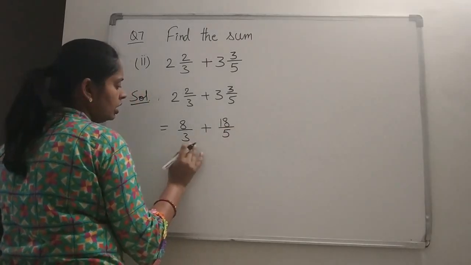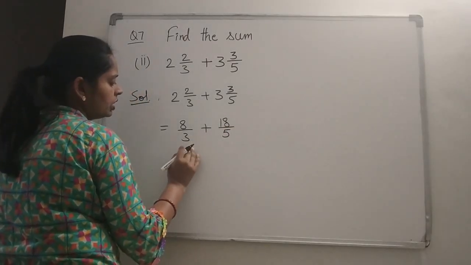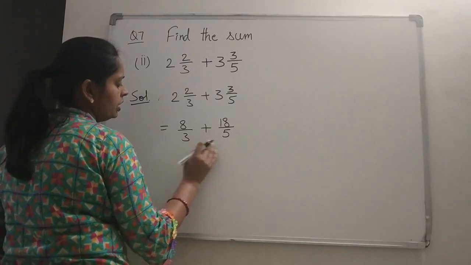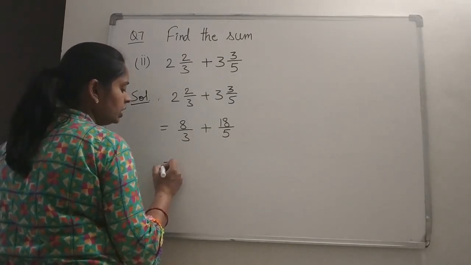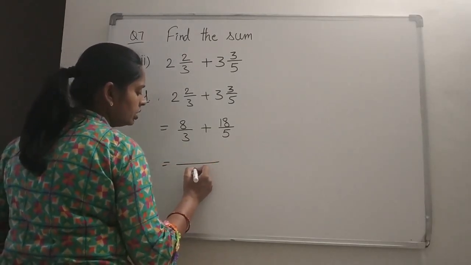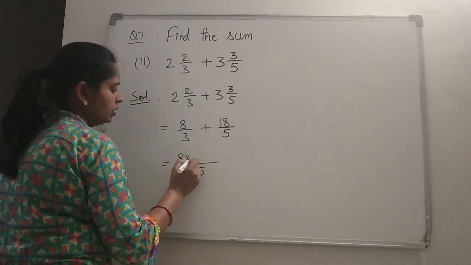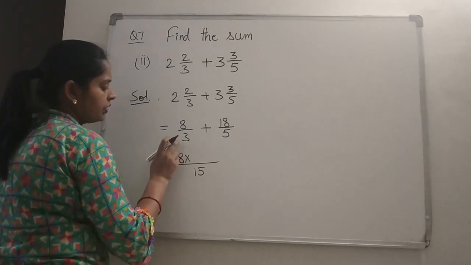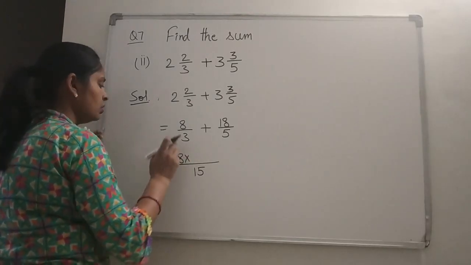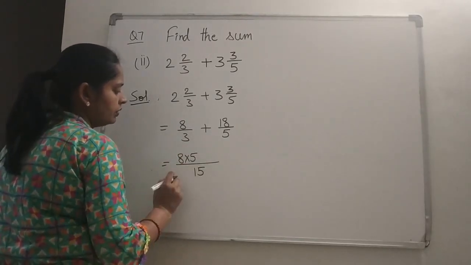Now again we can see both are having different denominators, so we have to take the LCM for 3 and 5, and LCM of 3 and 5 is how much? 15. So 15 is the LCM, and 15 is the LCM means 8 into, 3 5s are 15. So 5 is multiplied in the denominator, so we have to multiply numerator also by 5.